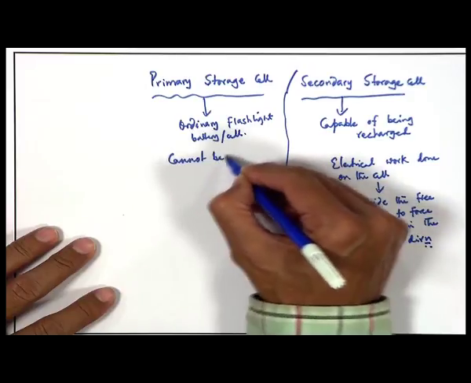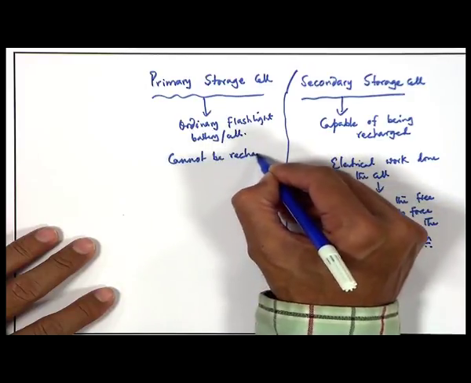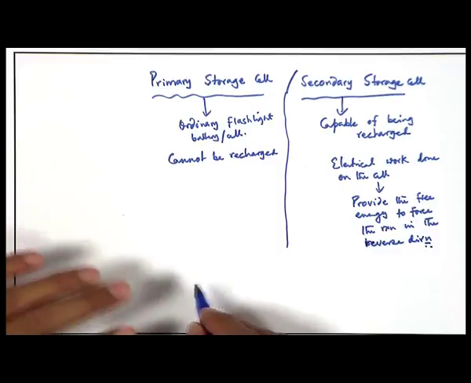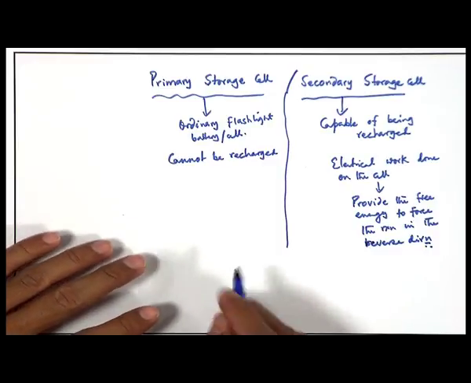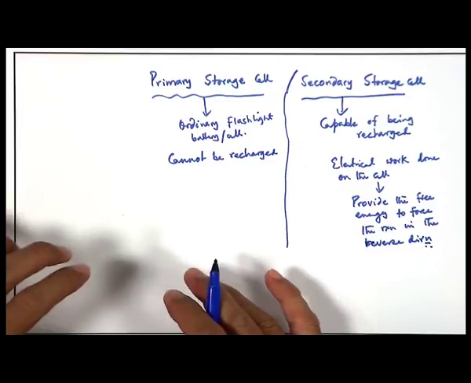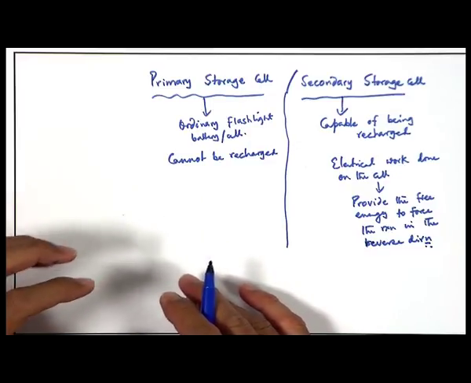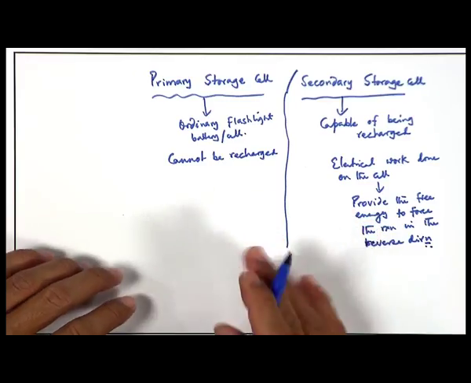It is not advisable to recharge this, because some accident can take place. It is designed in such a way that you will get electricity once, in a single use, but you cannot reuse it by charging it like a secondary cell.